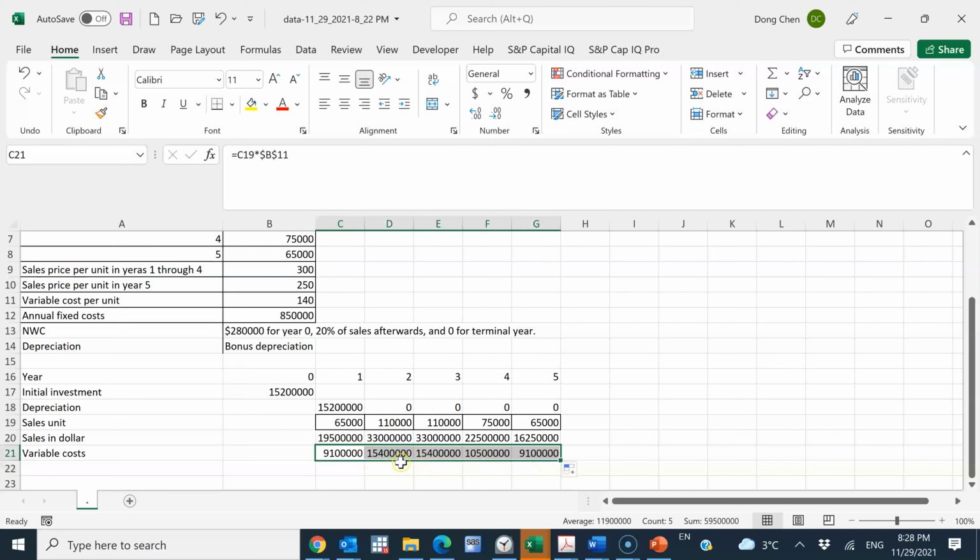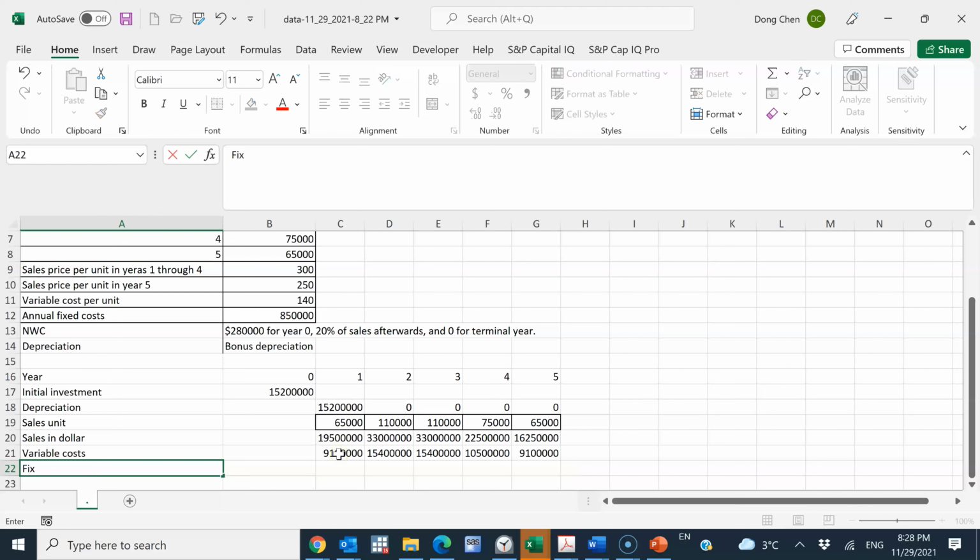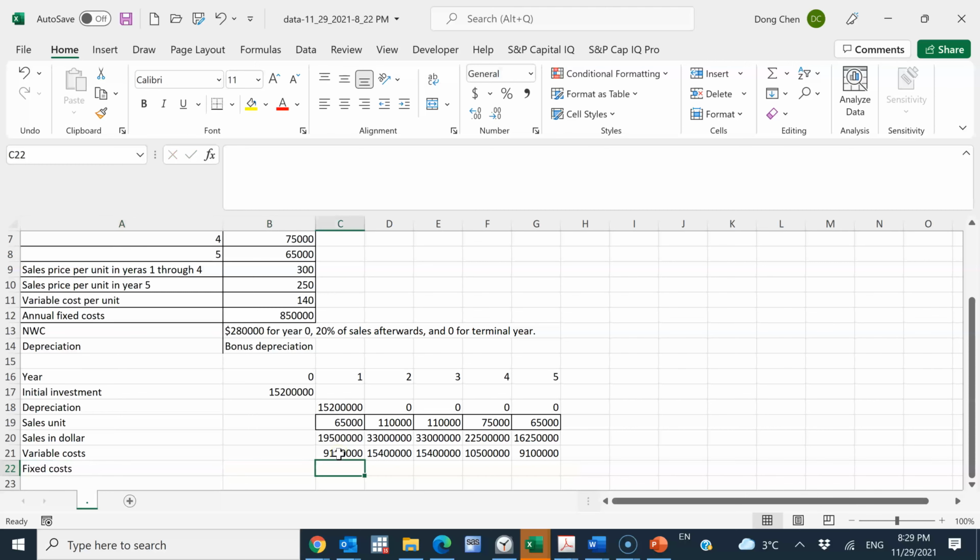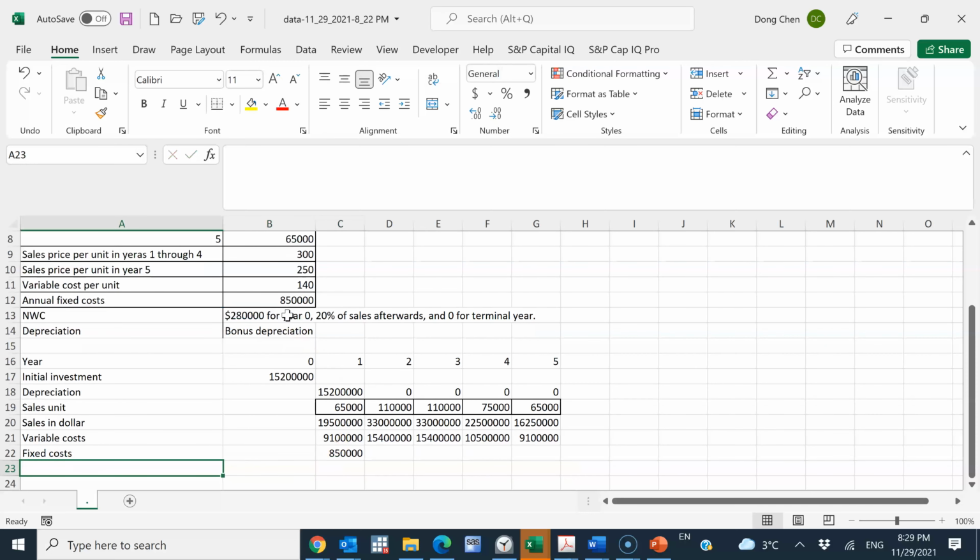And so I can automatically get the total variable costs. And fixed costs are easier because they are the same for every time period. So just to fix that also and extend that to other years.